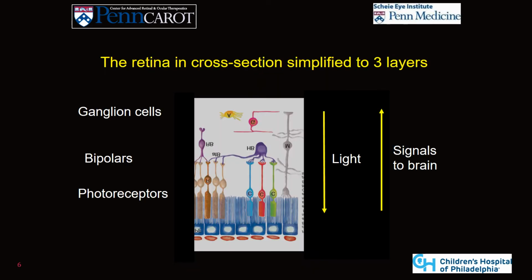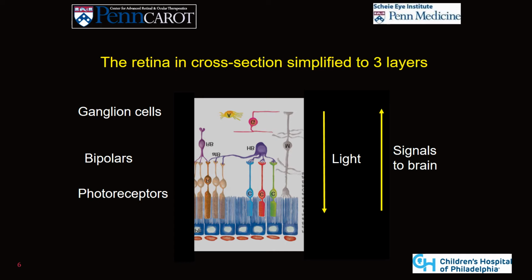If we look at the retina, specifically in cross-section, the retina can be simplified as a tissue with three main layers of neurons and supported by a basal layer of cells that are in charge of the transport of nutrients and carrying out debris and toxic byproducts from vision.